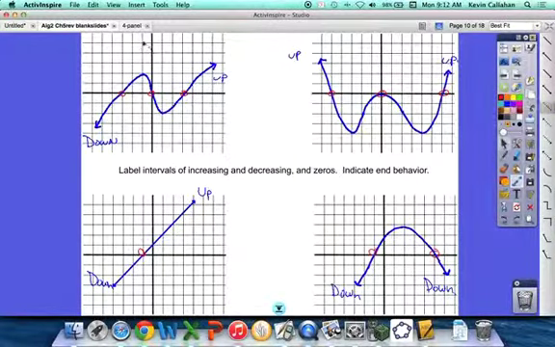So it's changing its behavior or its direction there and there. This one is changing its direction. Its turning points are here, here, and here. This one's got no turning points, and this one has got 1 turning point, which looks like it's about here.